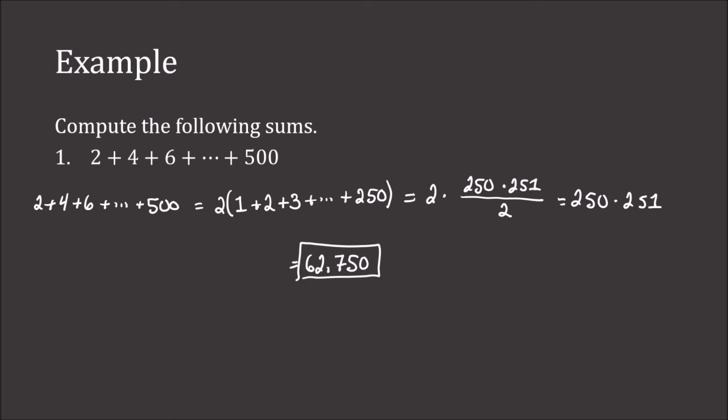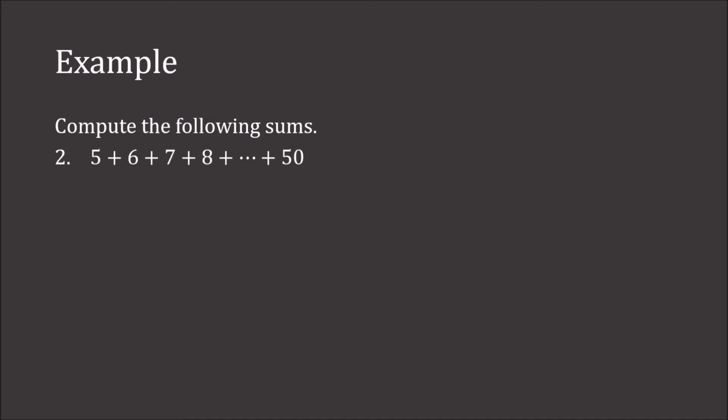Okay, well, what about this sum? 5 plus 6 plus 7 plus 8, and so on, plus 50. Well, notice that the only thing we're missing from the theorem would be the first 4 positive integers.